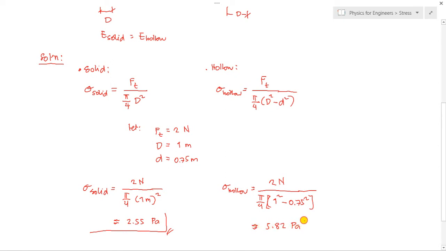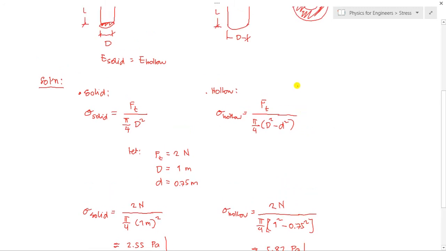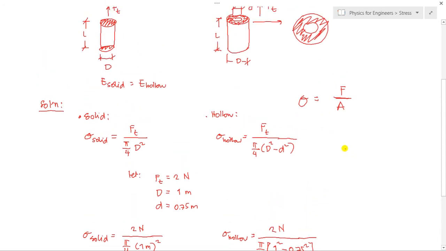So, based on our result, Mr. Pagas, which is stronger? Okay, the hollow. At first, we would say the solid because it is solid. However, by looking at our formula for stress, equal to force over area, why is the stress of the hollow bigger? Which parameter makes the difference compared to the solid rod? It is in the cross-sectional area, right?